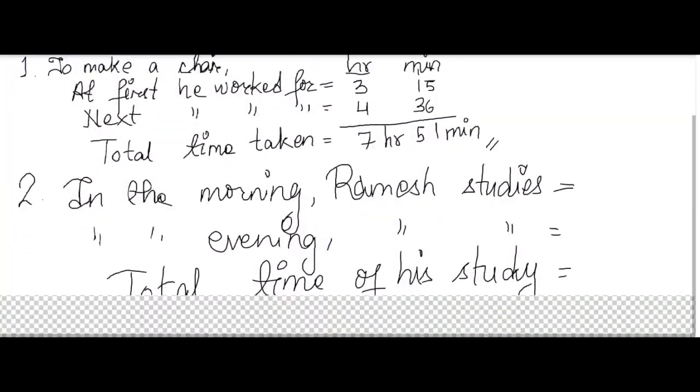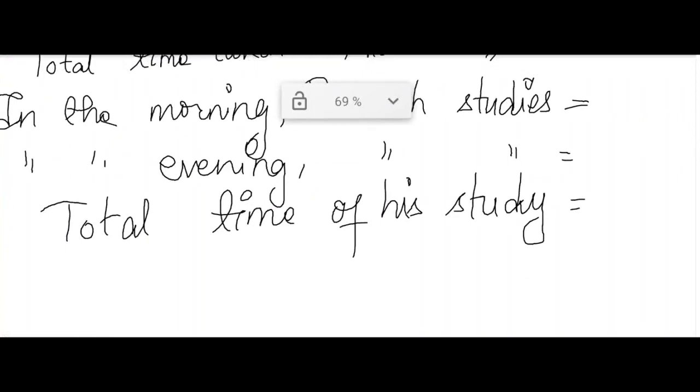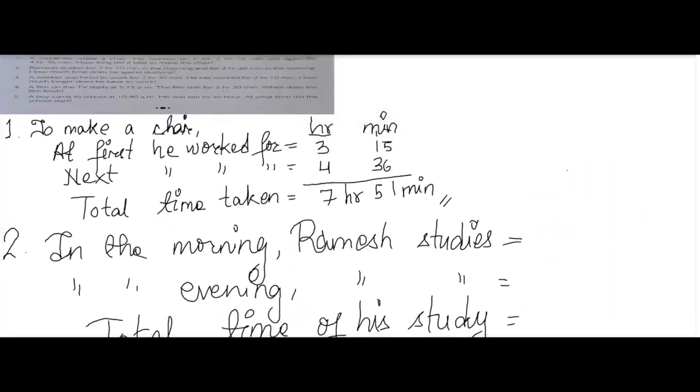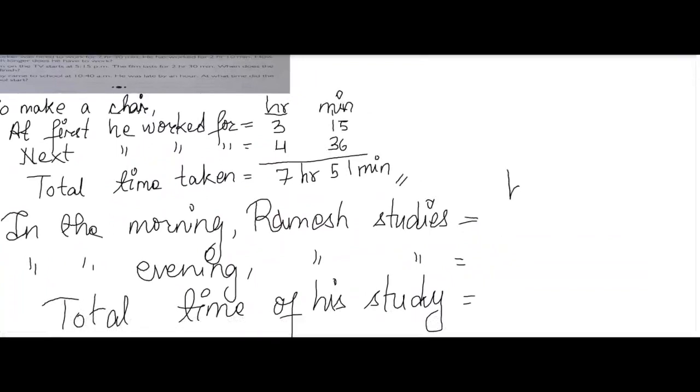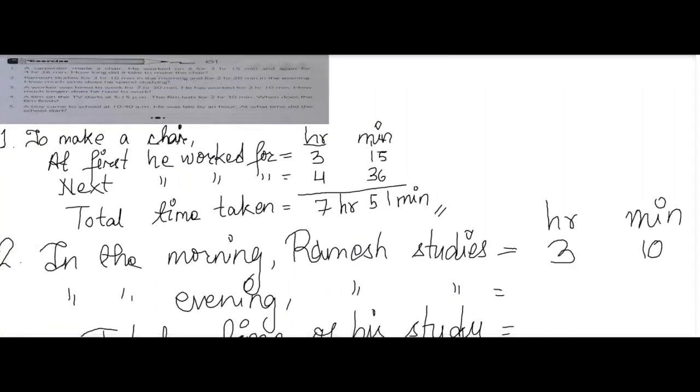So children, you will form the statement like this. In the morning Ramesh studies. So how many hours and minutes does Ramesh study in the morning? 3 hours 10 minutes. So at the top you can write hour and minute at first. Then we will start writing 3 hours 10 minutes. In the evening he studies for 2 hours 20 minutes.